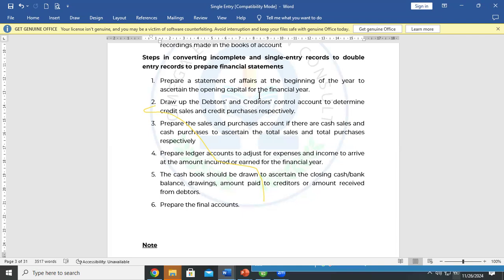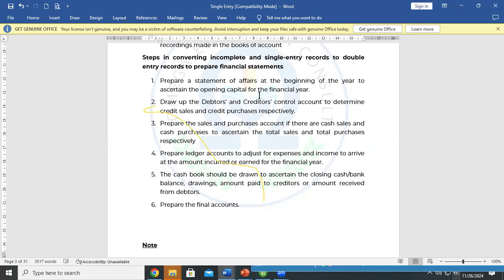Step number 2. Prof. Senam, can you read that for me? So the steps in converting incomplete and single entry records.